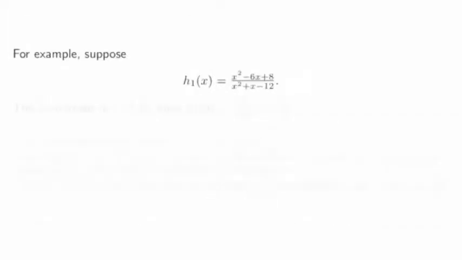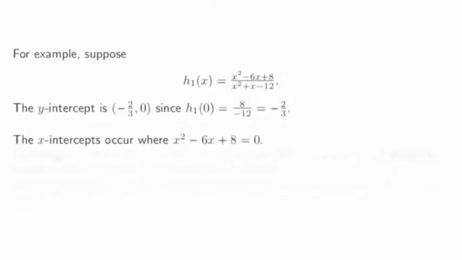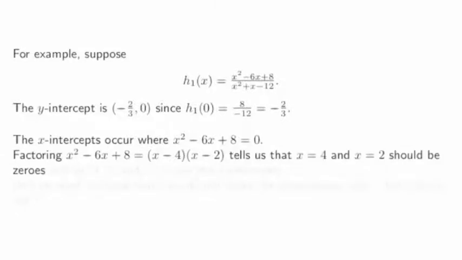For example, suppose h1 of x is this rational function, a quadratic divided by quadratic. The y-intercept is (0, minus 2/3), since when I plug 0 into this function, I get 8 over minus 12, or minus 2/3. The x-intercepts occur where that numerator, x squared minus 6x plus 8, is equal to 0, and we can factor that, discovering that this is 0 when either x is 4 or x is 2.